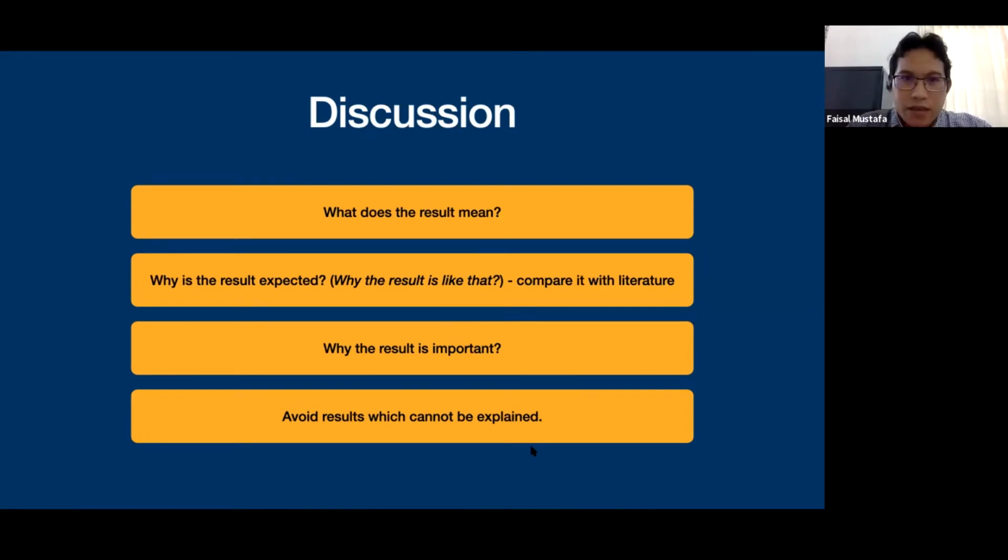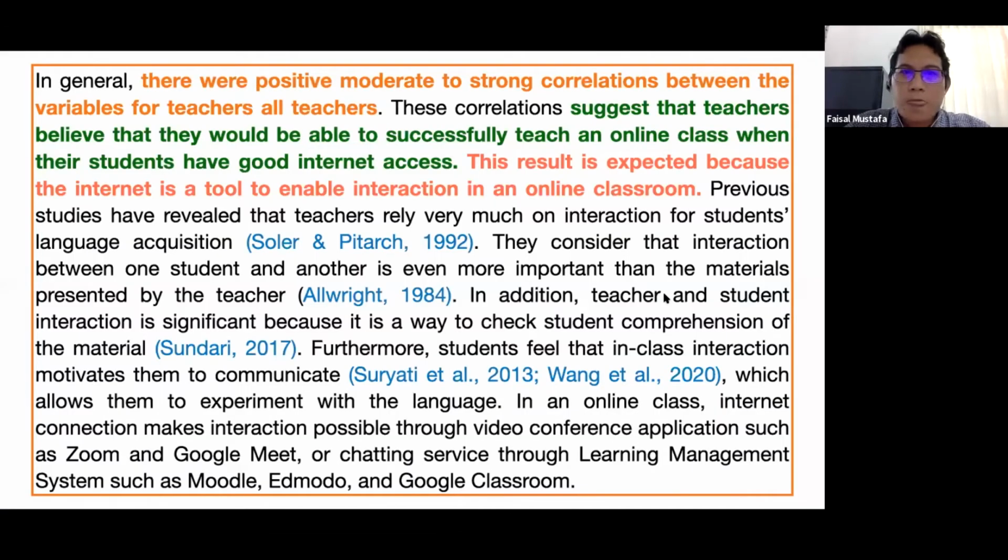And for that, let's take a look at the example here. Sorry about the colorful example. This is in the discussion section. In the first sentence, you can see that the author is presenting the result. The result is there were positive, moderate to strong correlations between the variables for all teachers.